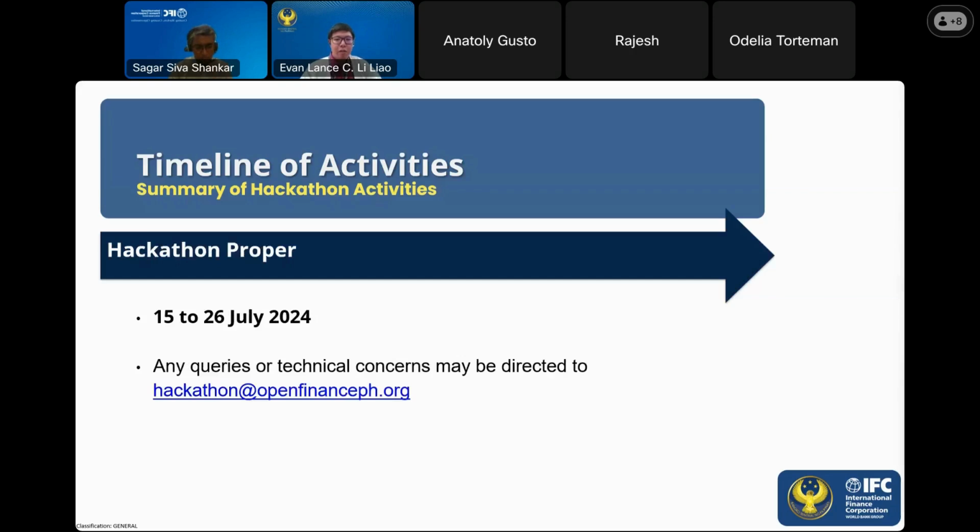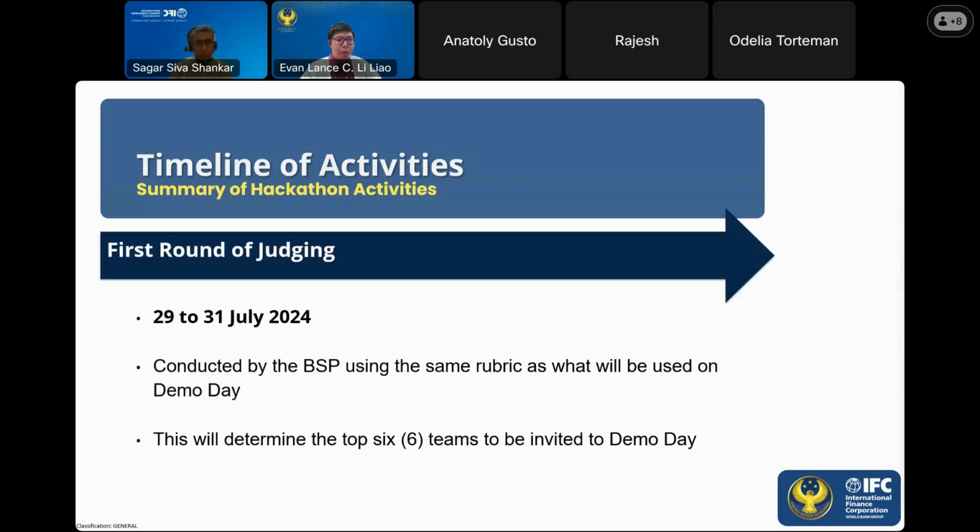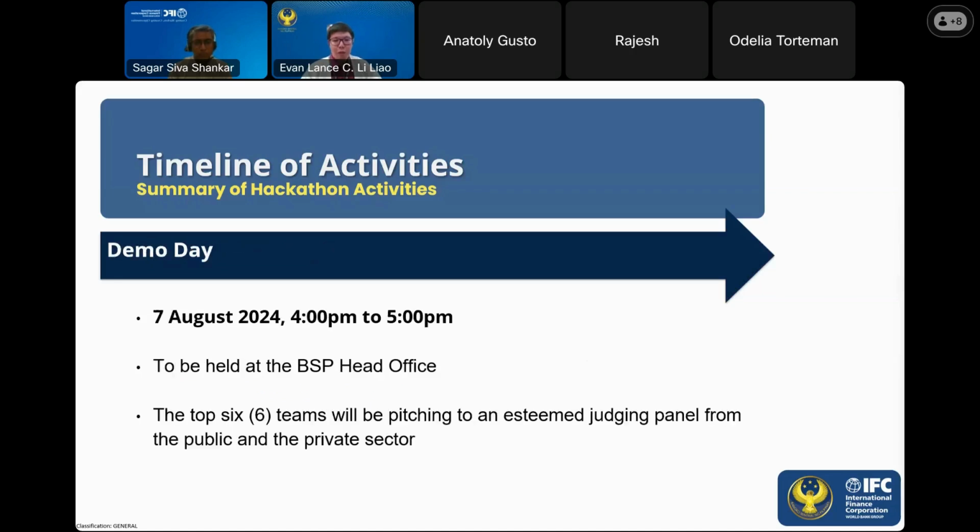After the submissions, the first round of judging will happen from 29 to 31 July 2024. This will be conducted by the BSP using the same rubric as what will be used on the demo day. This first round of judging will determine the top 6 teams to be invited to the demo day, which will happen on the BSP grounds.